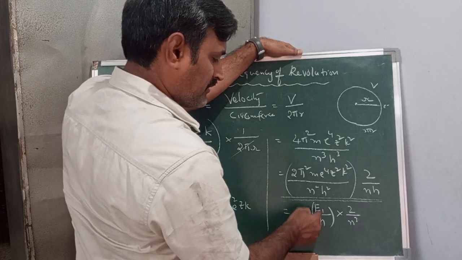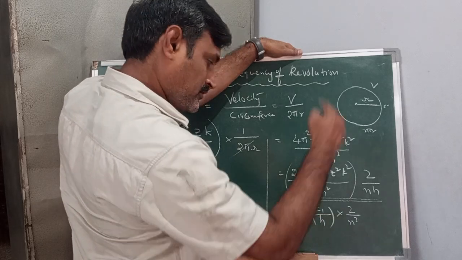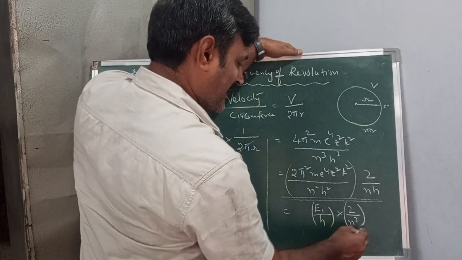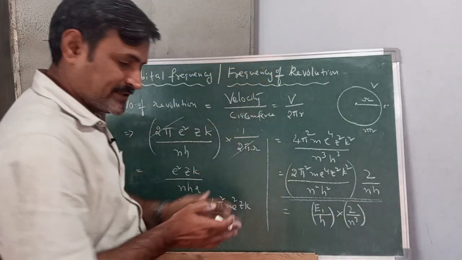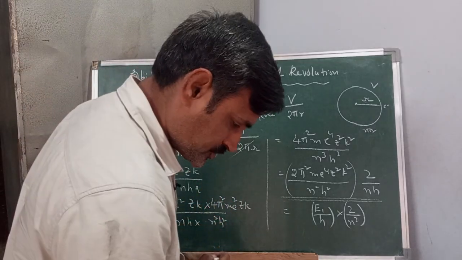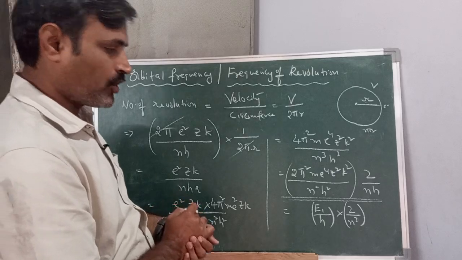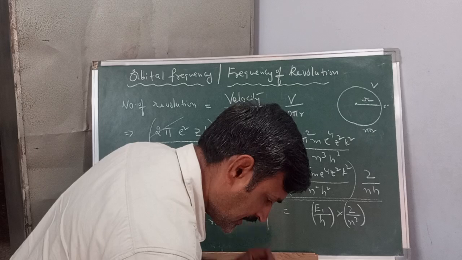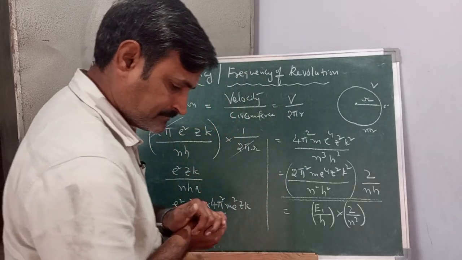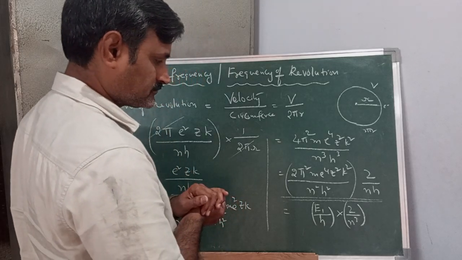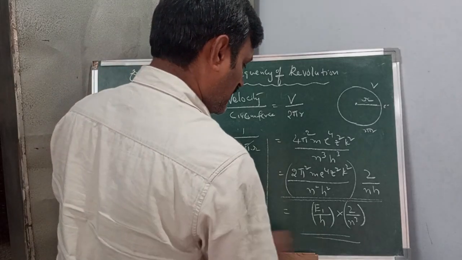Separating out 2 by n cube, this is also one of the expressions for the number of revolutions in the Bohr orbit. Here E1 is the energy of the orbit of the Bohr electron.